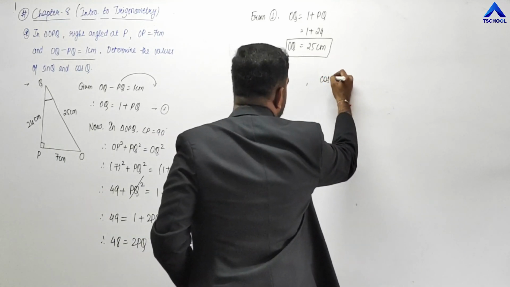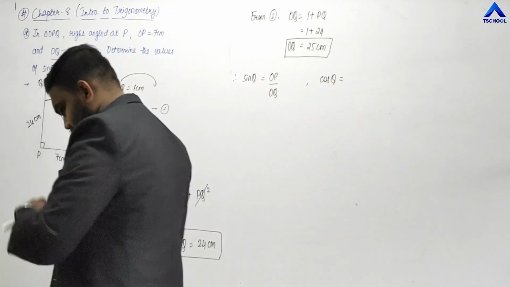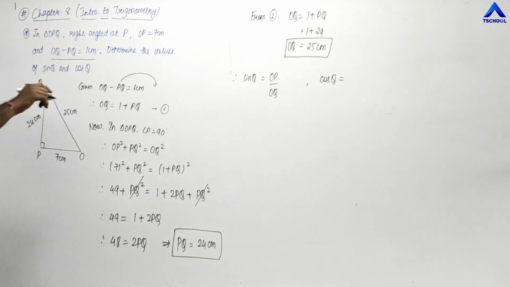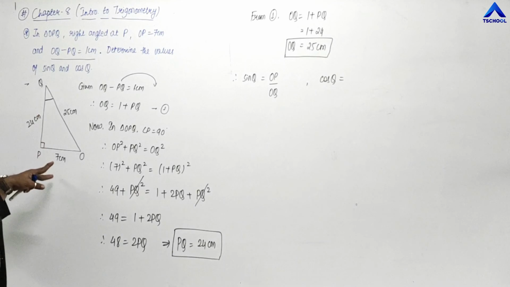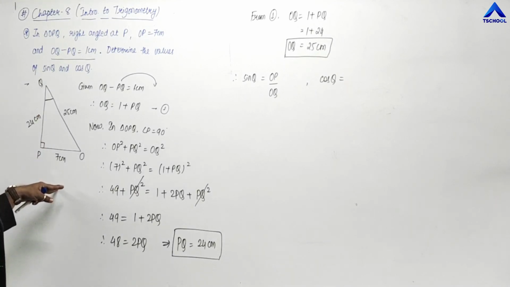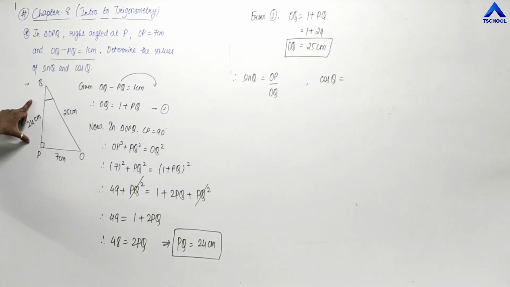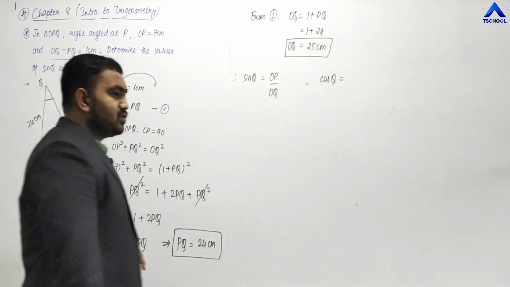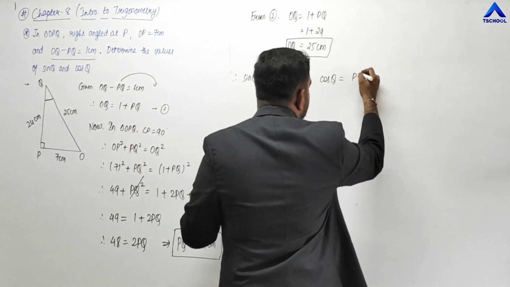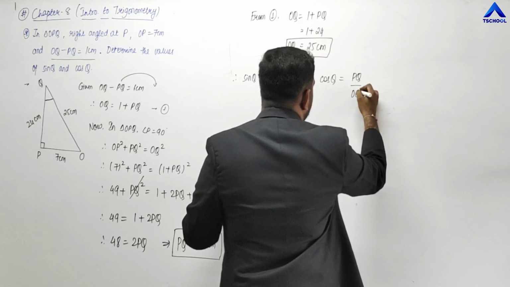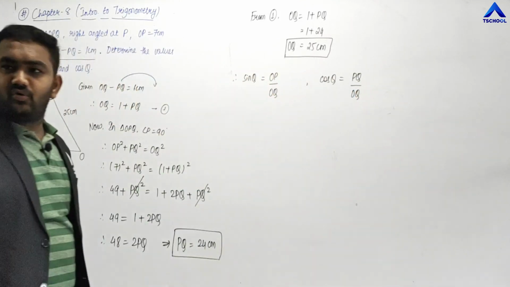And let us see the ratio of cos Q also. What is cos Q? Side adjacent to angle Q. What is the side adjacent to angle Q? PQ. So we will get cos Q is equal to PQ upon the hypotenuse, that is OQ.